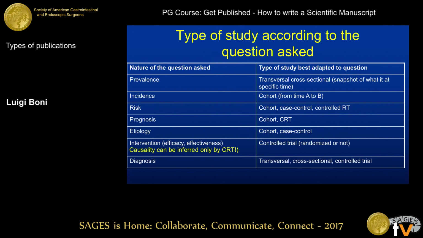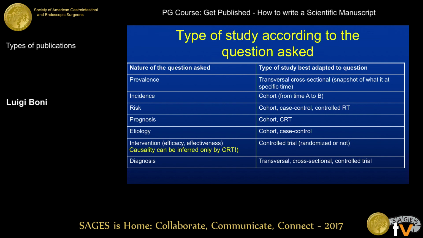If you want to answer a question regarding the risk, you should make a cohort study or a controlled randomized trial. If you want to look at the prognosis of the patient, you can do a cohort study or a controlled randomized study. If you want to look at the etiology of the disease, you should go for a case control.